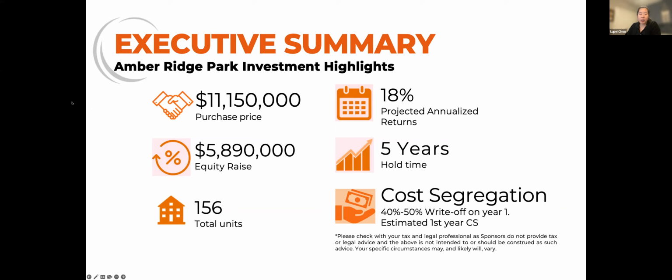So the first year is usually the year you're gonna get the biggest write-off, typically around 50% of your investment. So whatever it is, like if you invested 100K, you're looking at 40 to 50K of tax write-off on that. So does anybody have any questions there?